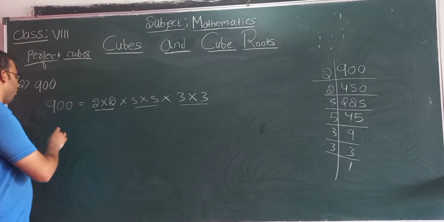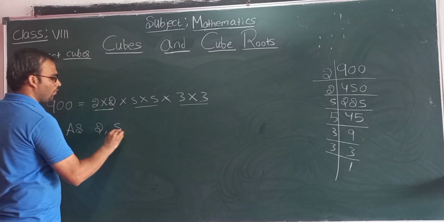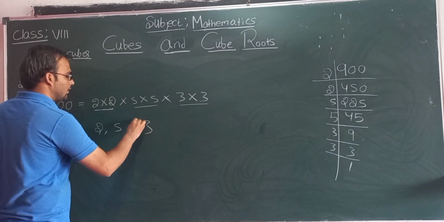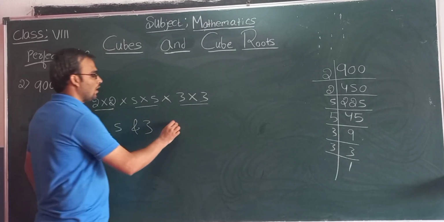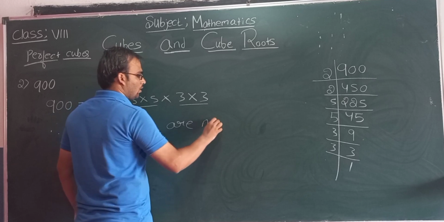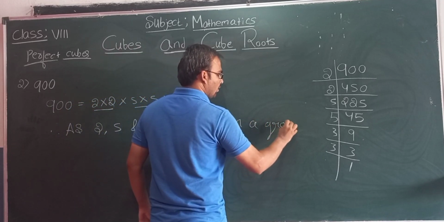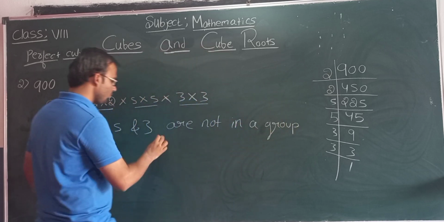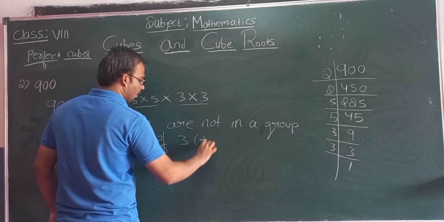So we can write that 2, 5 and 3 are not in a group of 3.